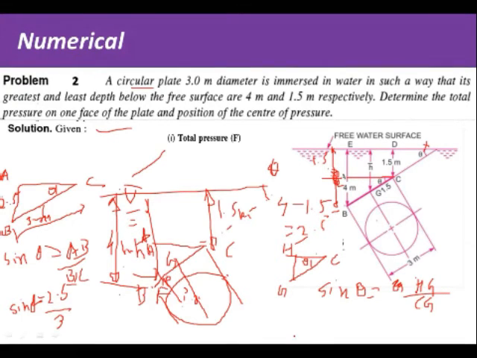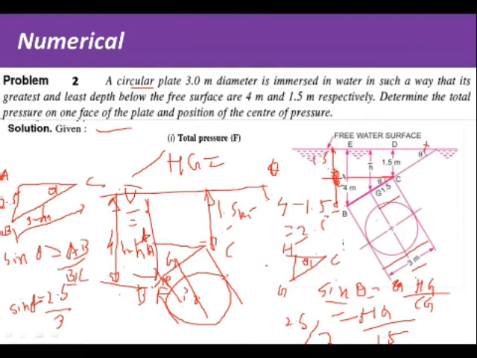We know the value of sine theta is 2.5 upon 3. So 2.5 divided by 3 equals HG, which is unknown, upon CG. How much will CG be? The whole length is 3 meter, so it will be 1.5 meter. So from here you can find out the value of this length HG. So HG is 2.5 divided by 3 into 1.5.